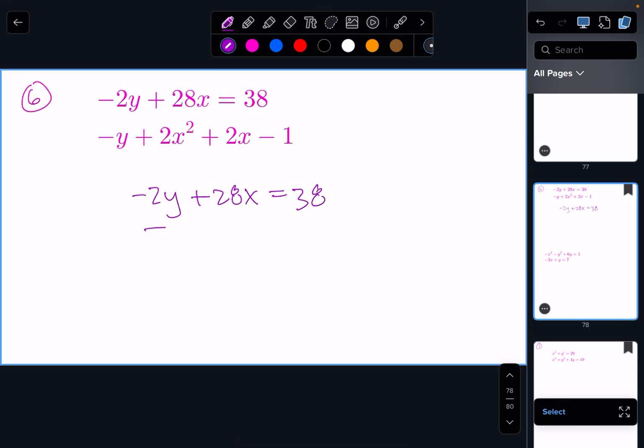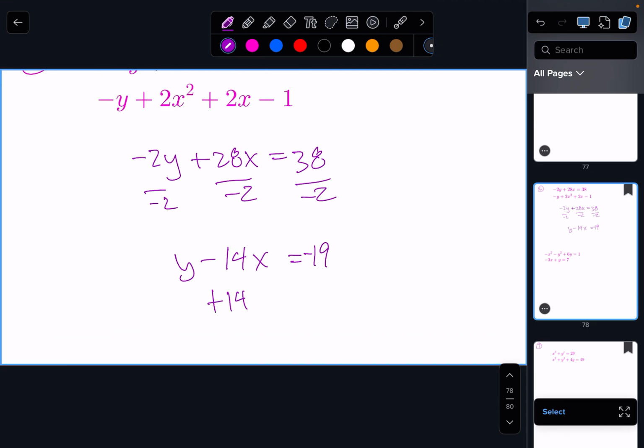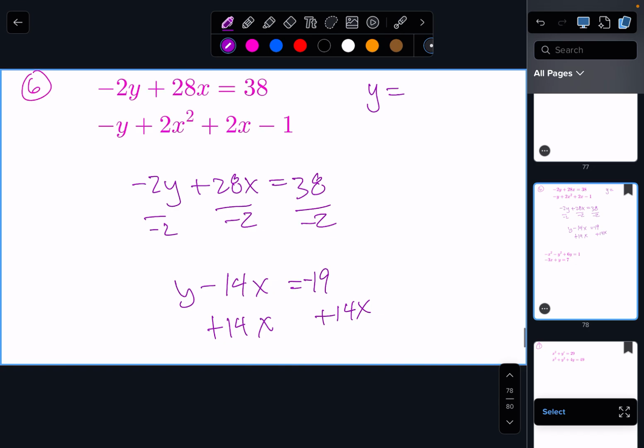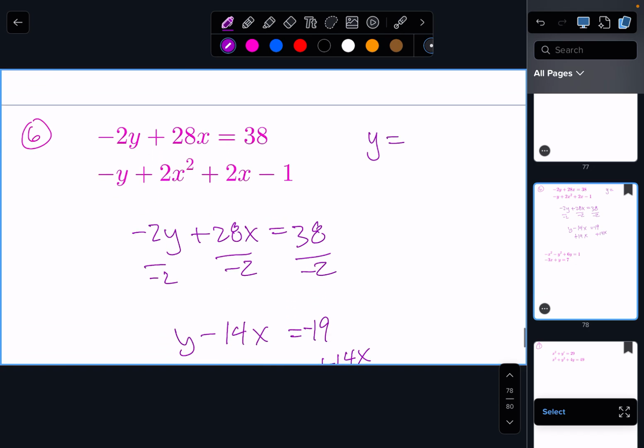What if I divided everything by negative 2? y minus 14x equals negative 19. So I'm going to add 14x to both sides. y equals 14x minus 19.